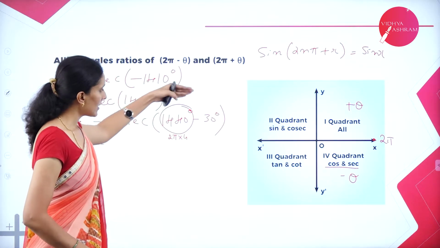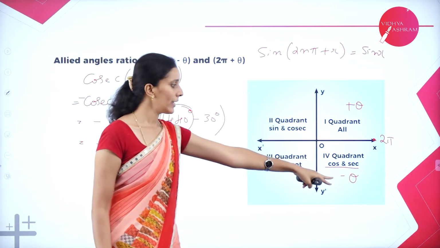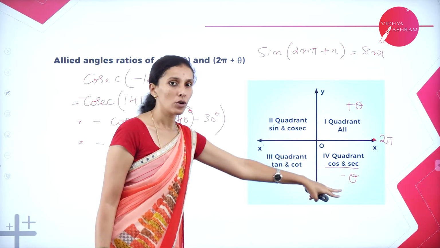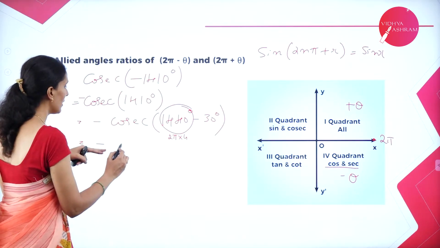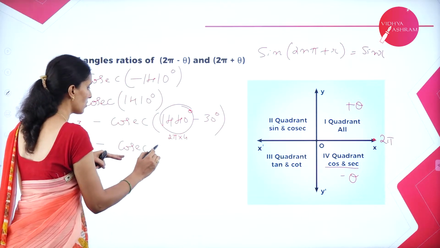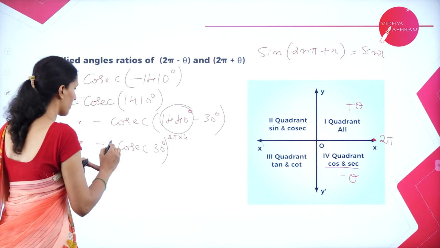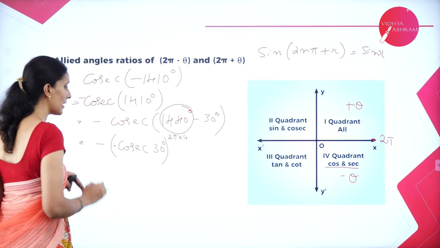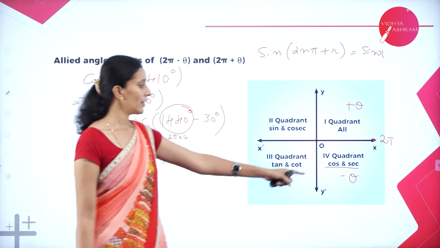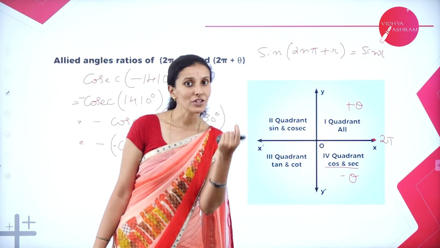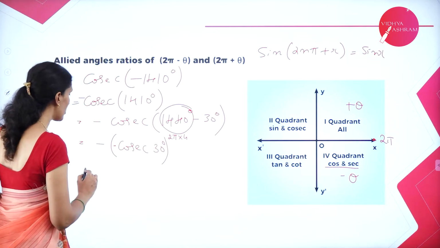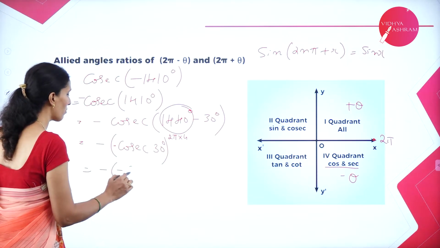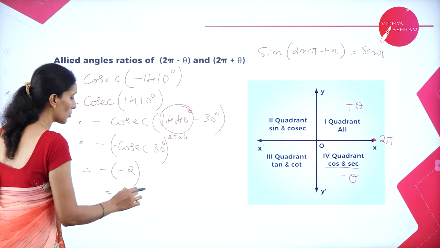So 360 minus theta means it comes in the fourth quadrant. In the fourth quadrant, the value is negative. So therefore, you should take it as minus cosecant 30, because in the fourth quadrant the value of cosecant 30 is negative. So it is minus of minus 2, which becomes plus 2.